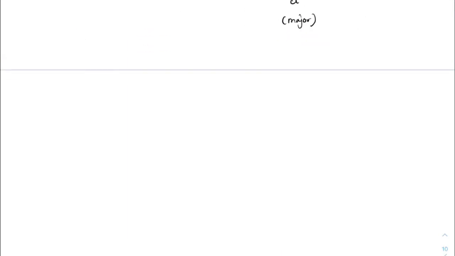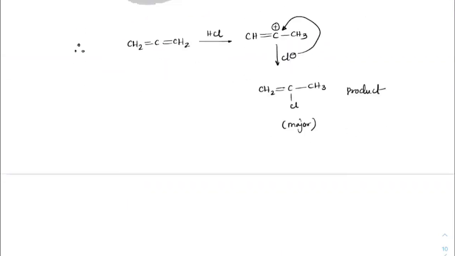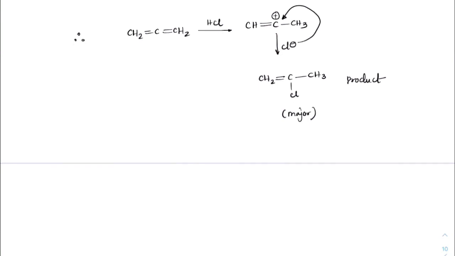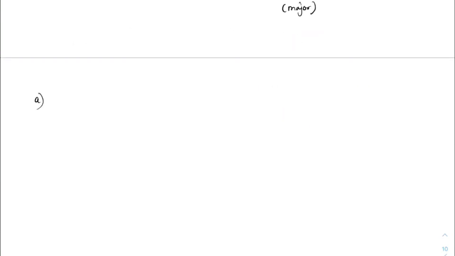What if there is some other allyl which is stabilizing the carbocation from the other side? If we have CH2 double bond C double bond CH, and Ph is there, and then I use HCl, one equivalent. This time it will go for this addition only, because from the other side phenyl is definitely going to give phenylic resonance.